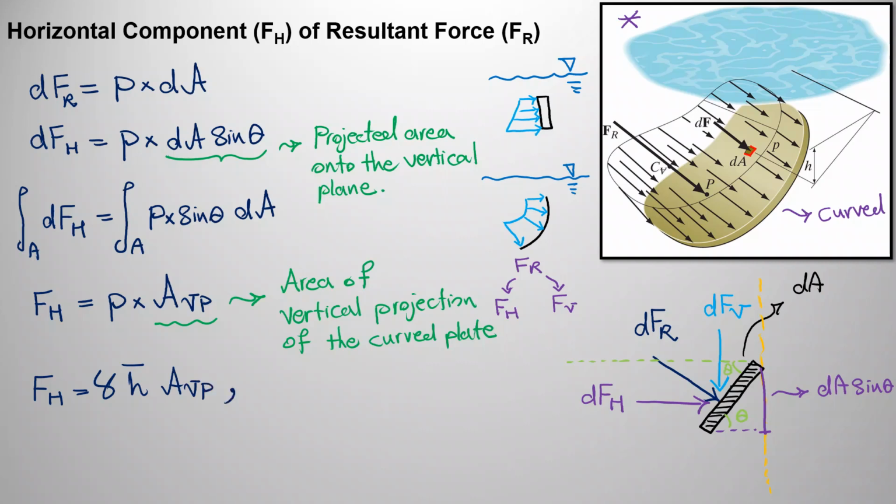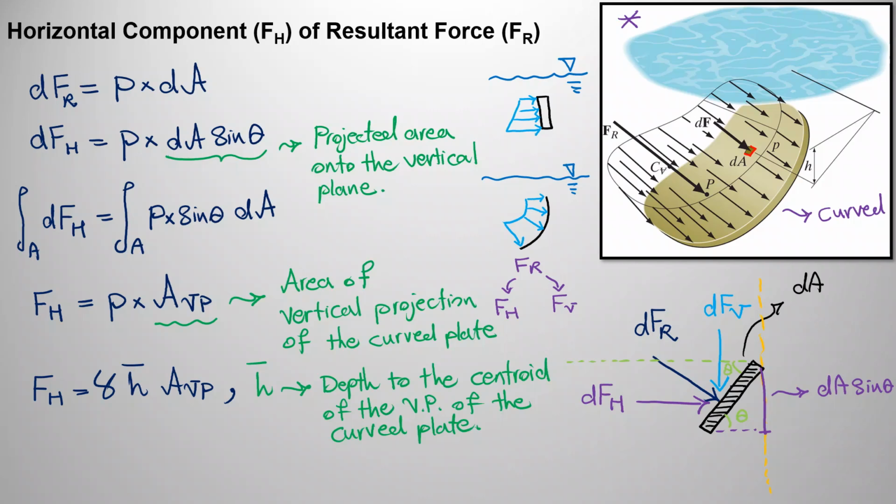Note that H bar here is depth to the centroid of the vertical projection of the curved plate. And eventually, YP would be equal to Y bar plus I bar divided by Y bar times AVP.